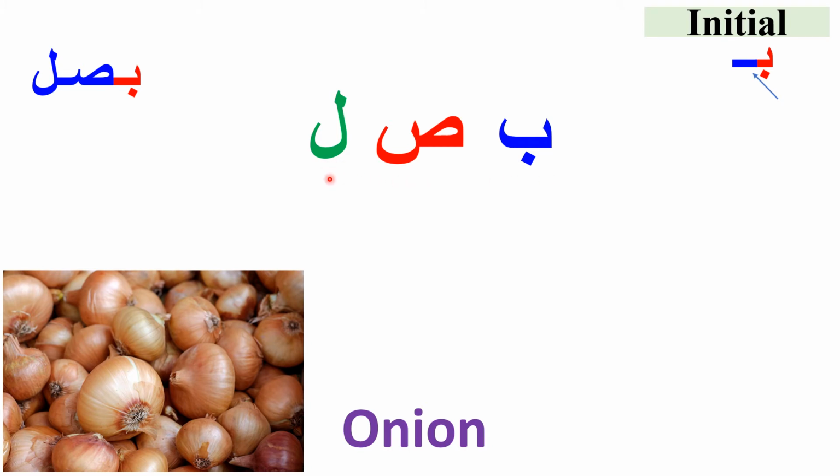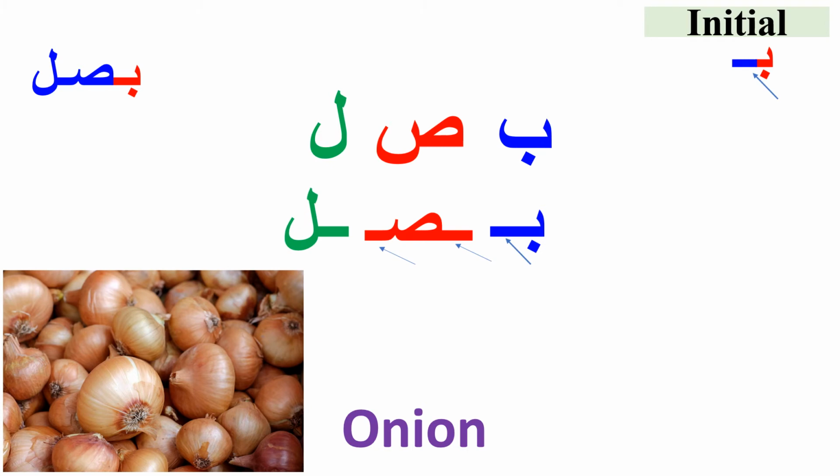We'll see how they connect. Again, the ba will extend so that it is connected with the following letter, which is the sad. The sad letter is having an extension to the right, an extension to the left, so that it can connect with a preceding and a following letter. An extension from here and another from there.